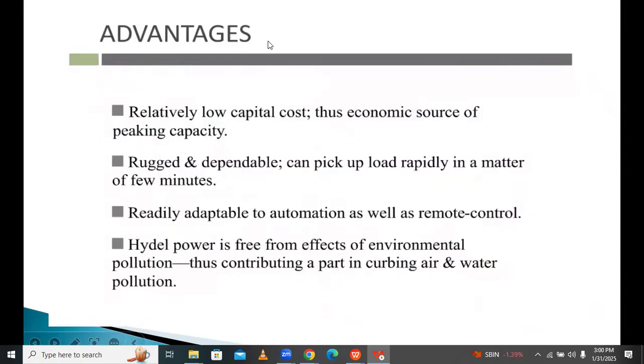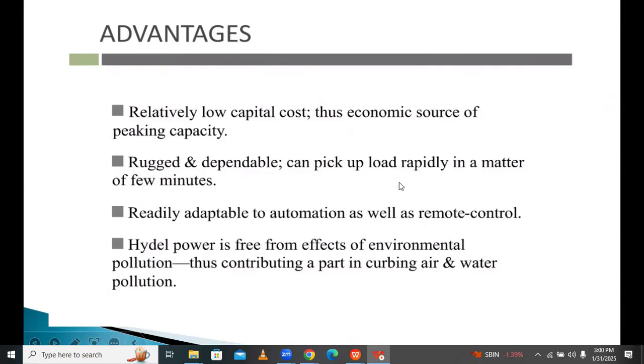Next, what are the advantages of pumped hydro storage systems? Relatively low capital cost, an economic source of peaking capacity, and the running cost is also very low. Rugged and dependable, it can pick up load rapidly in a matter of a few minutes.